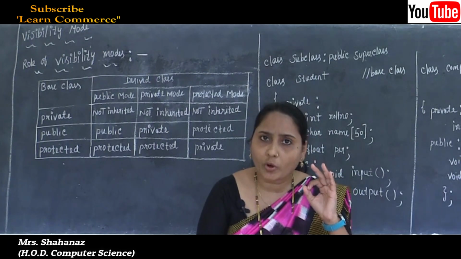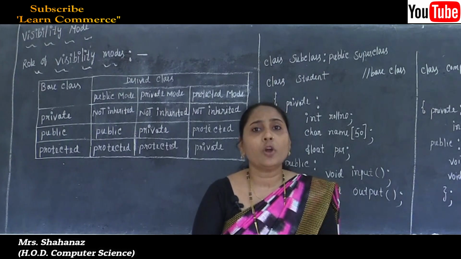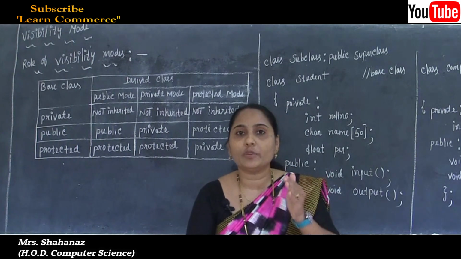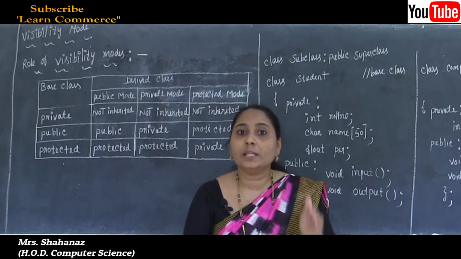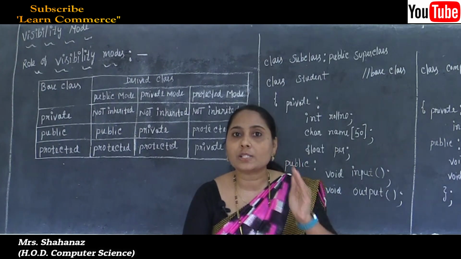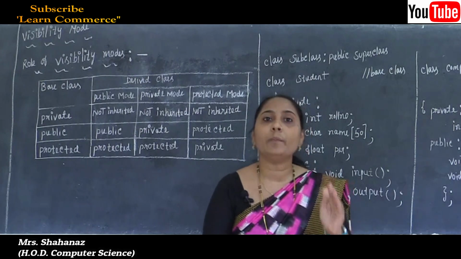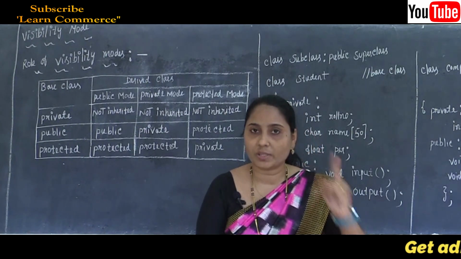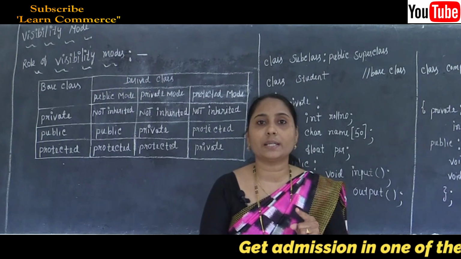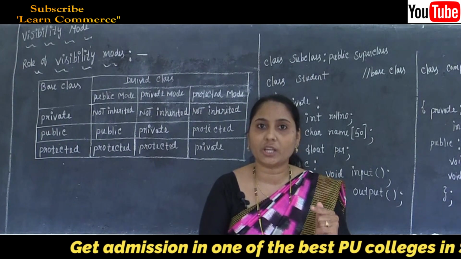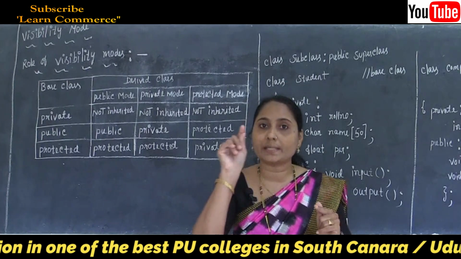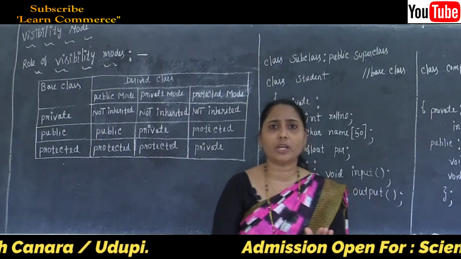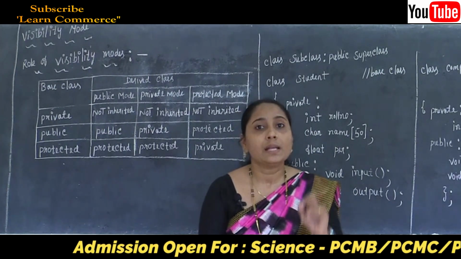And some important notes we can say: not only does the derived class inherit the features from the base class, the body of the derived class also contains its own member data and member functions. Correct? So this is the first note. And the second note: like the base class definition, where we use curly brackets and a semicolon, like that the derived class definition must be terminated by a semicolon.